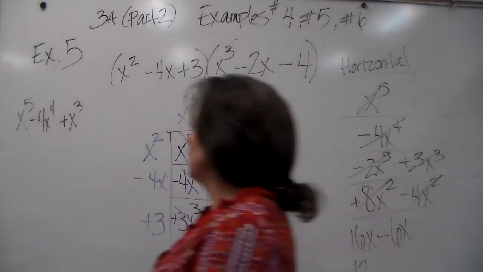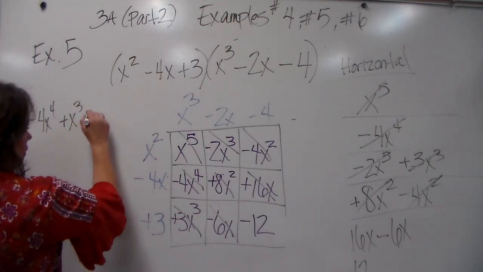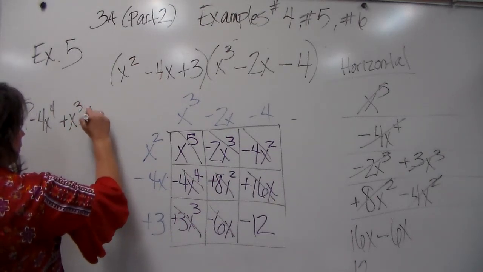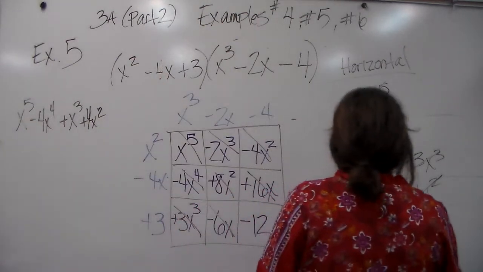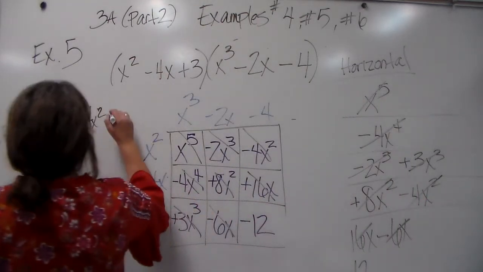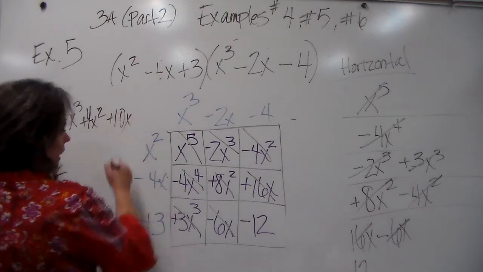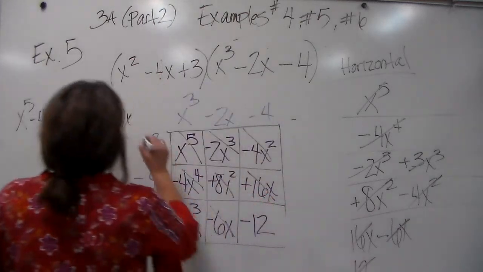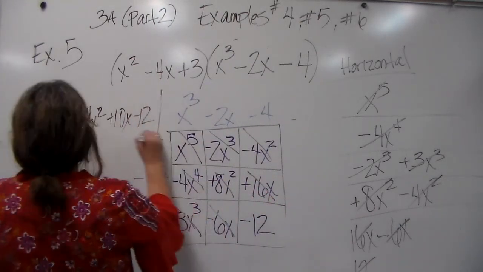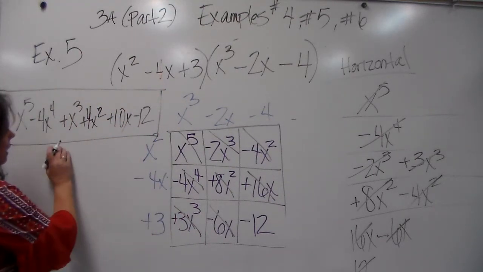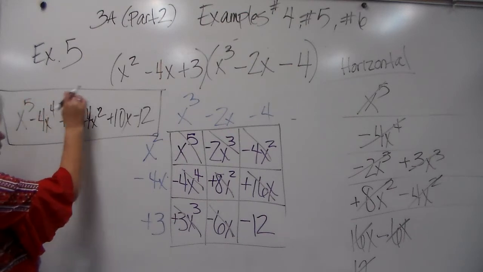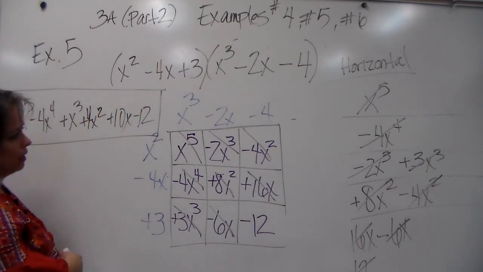For our x squared terms, we'll get a positive 4x squared. Okay? For our x terms, we'll get a positive 10x. And then we don't have anything to combine with our negative 12. And there is our answer for example number 5 in standard form, right? Our biggest exponent in descending order, okay?